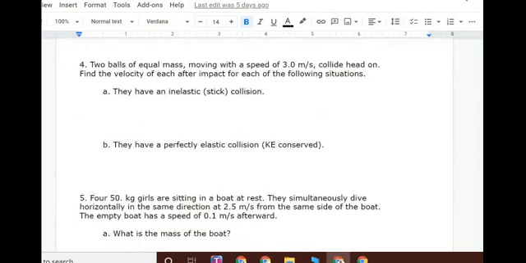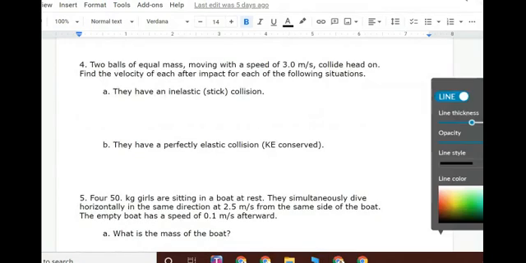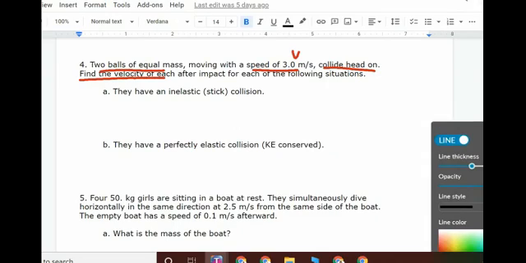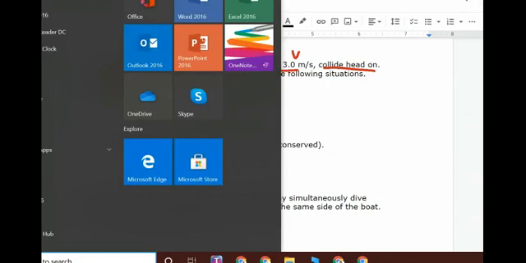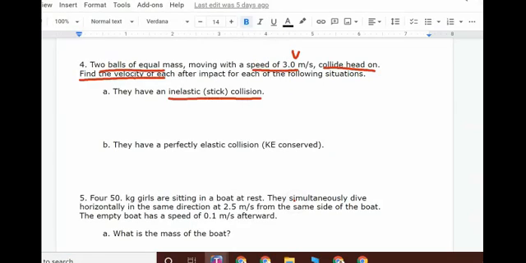Okay. Two balls of equal mass and speed collide head on. Find the velocity of each after the impact. If they have an inelastic collision, that means they stick together. So, you've got these two balls.